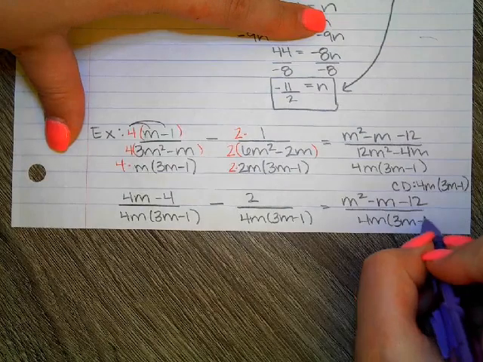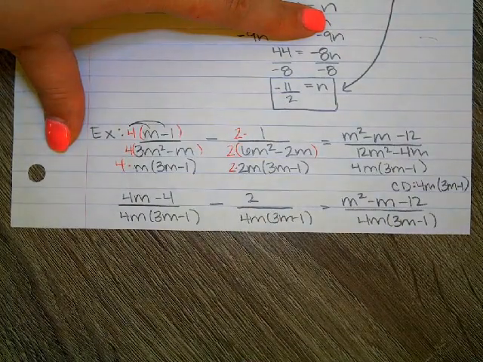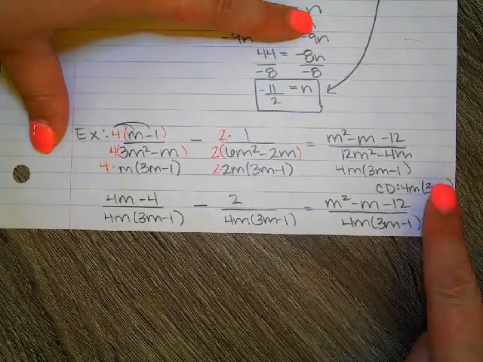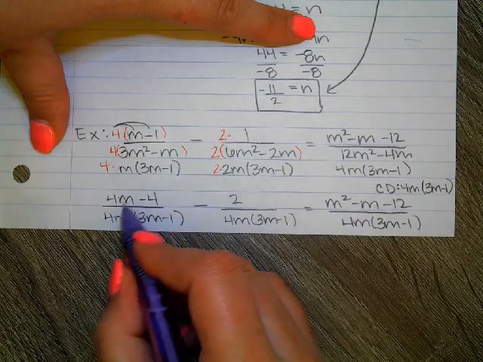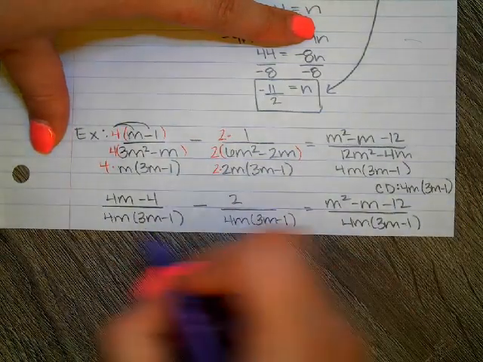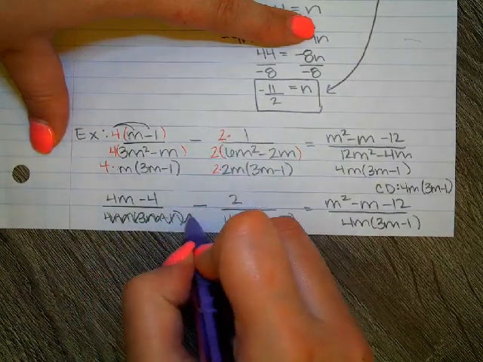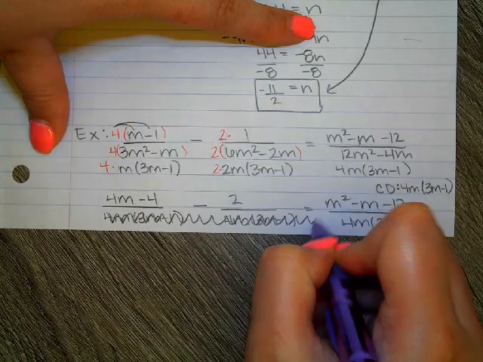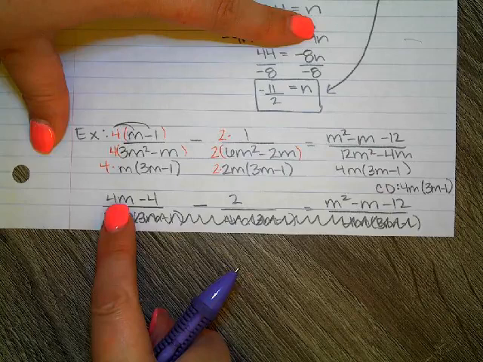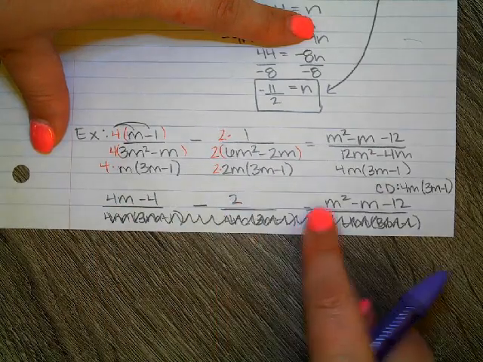Since I'm at the bottom of my notes page here, I'm going to write down my 2 excluded values on the next page, and I'll write down my equation. This is the point where I can ditch that denominator anyway. So the equation that I have is 4m minus 4 minus 2 equals m squared minus m minus 12.